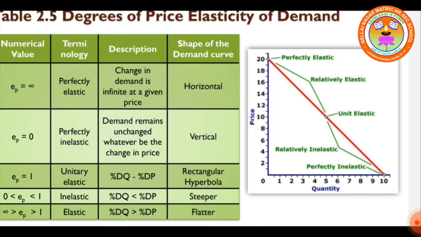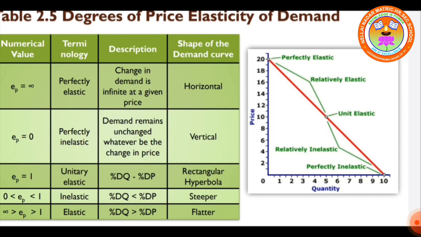The shape of the demand curve: the first one is a horizontal line, then elasticity equal to 0 is a vertical line. Horizontal is point A. The vertical line is point E. Then elasticity equal to 1 is unitary elastic, which is a rectangular hyperbola.